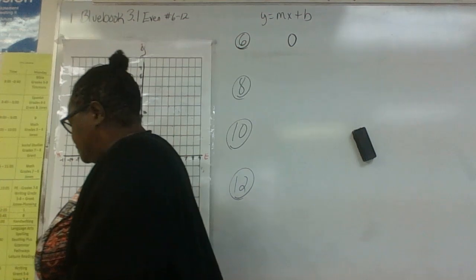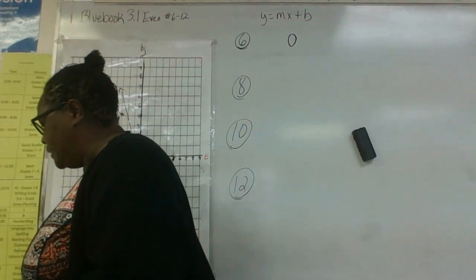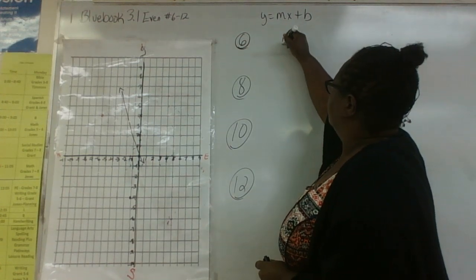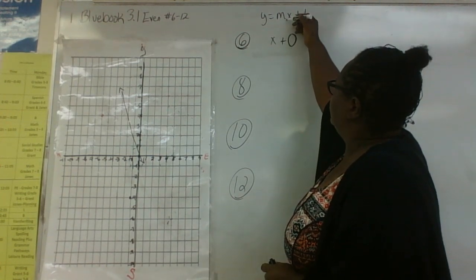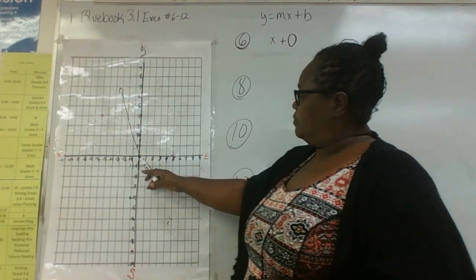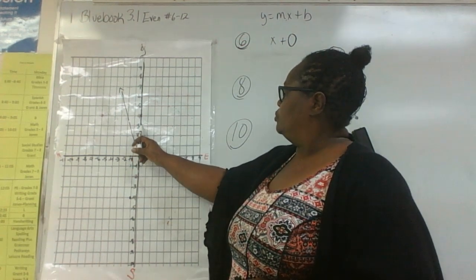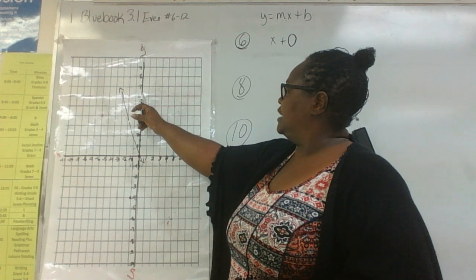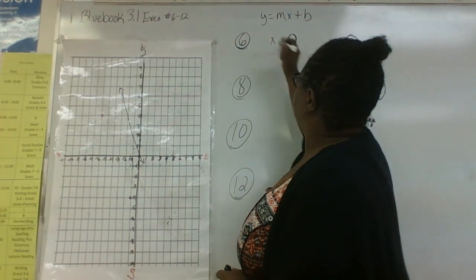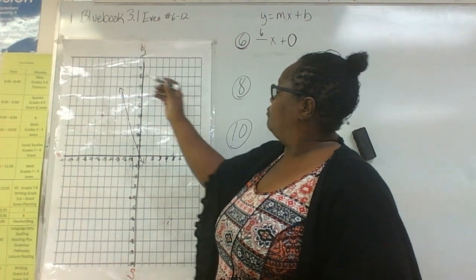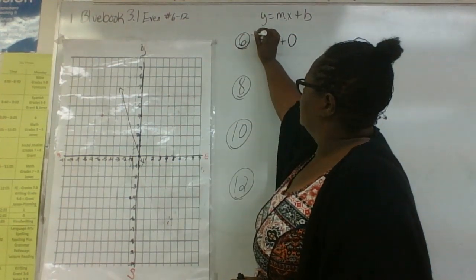Next, we need to find our slope. So we have our b, now we need to find our slope. From this point to this point, let's travel 1, 2, 3, 4, 5, 6. Our rise is 6. Then our run, we ran to the left, which makes it negative.